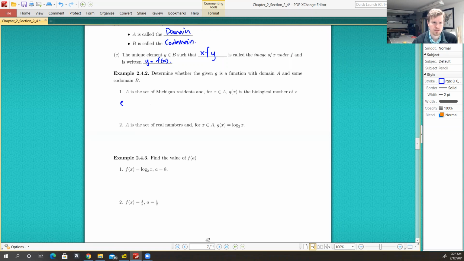So each person, so maybe, right, we can say each person, but certainly each resident of Michigan has a biological mother and only one biological mother.